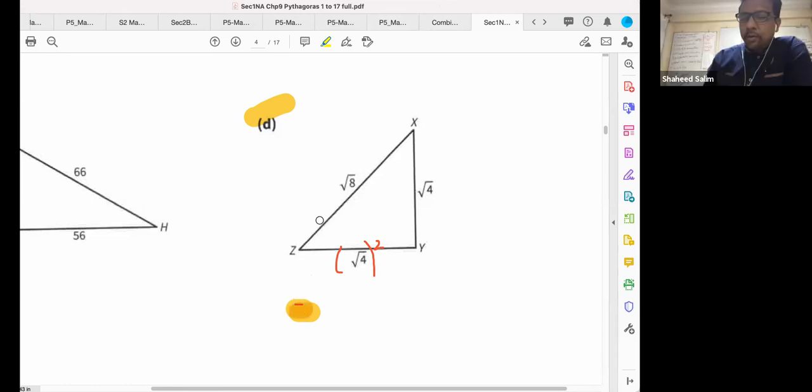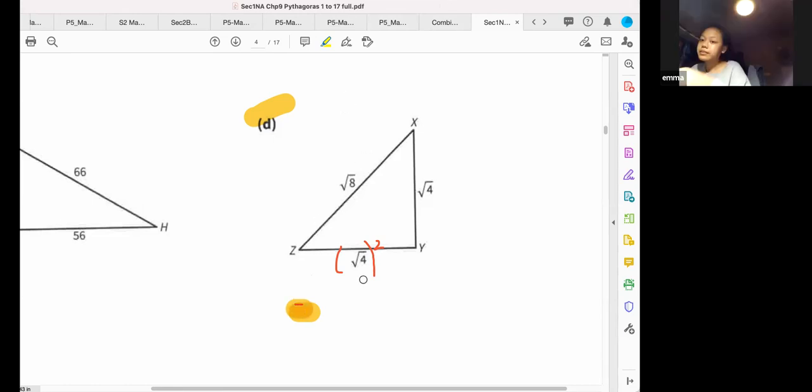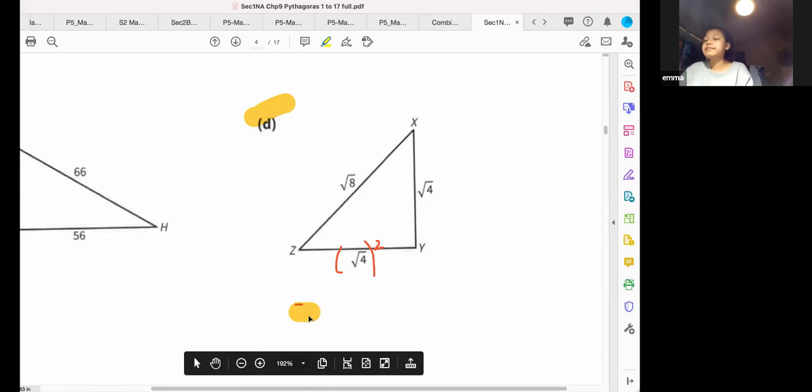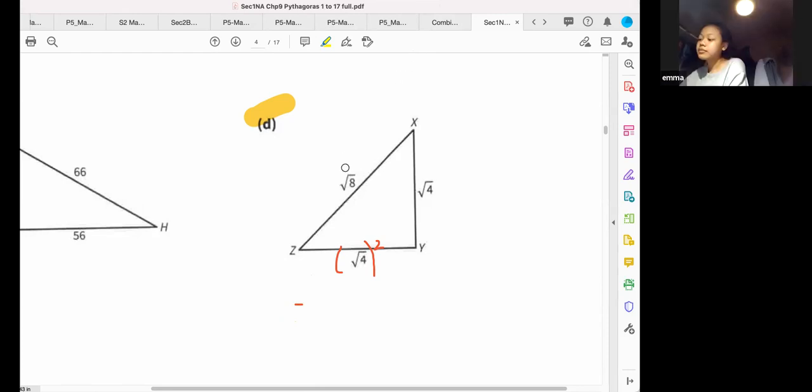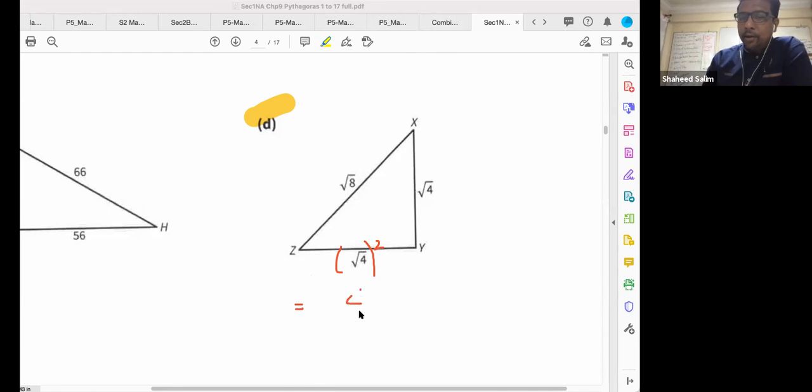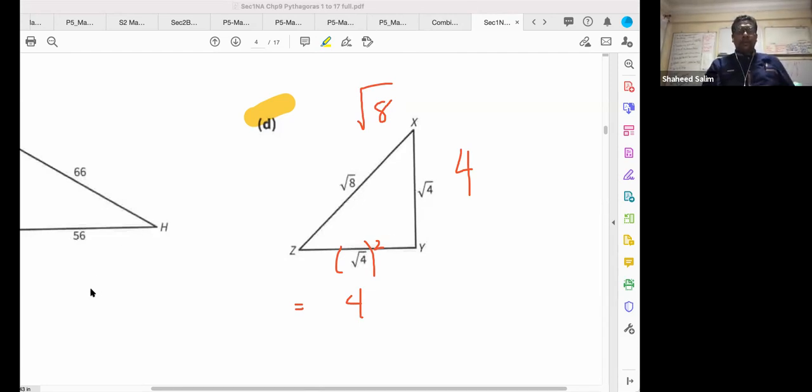So the other one also is correct, right? 4, 4. So you add together, you get 8. And this must be square root of 8. Does it make sense? You got this 4, you got this 4. You add together, you get 8, and you square root it. So this is true.